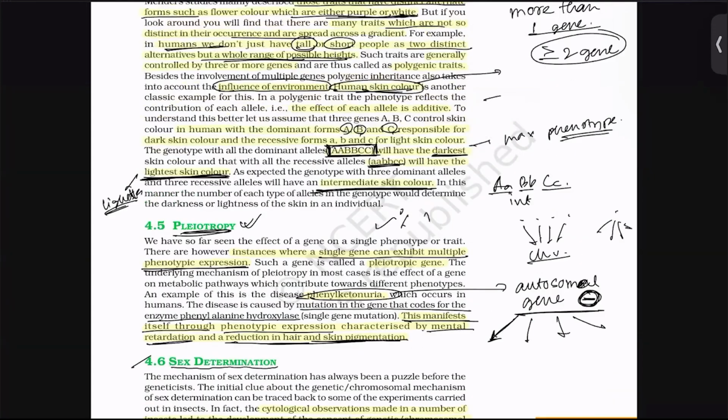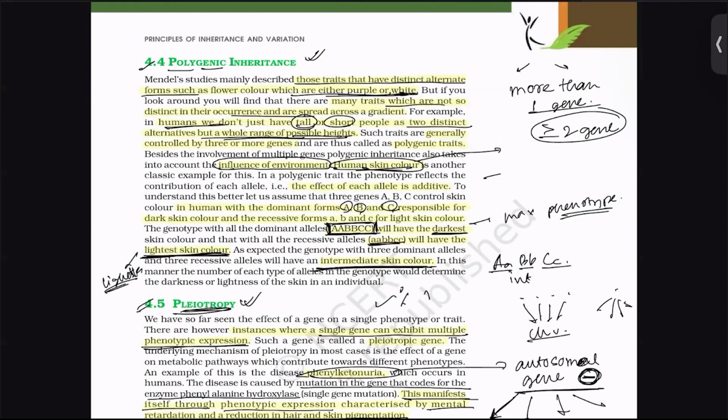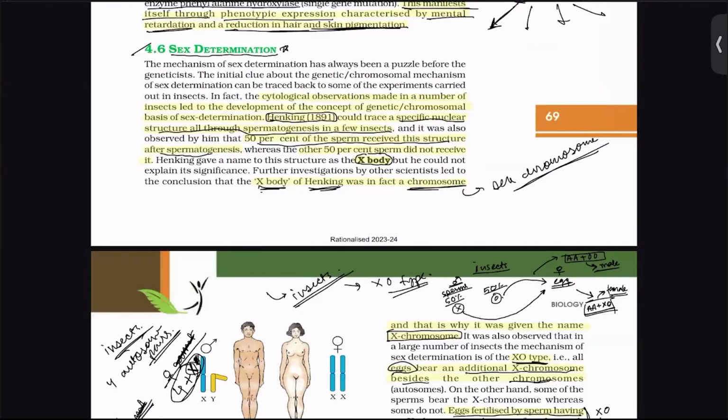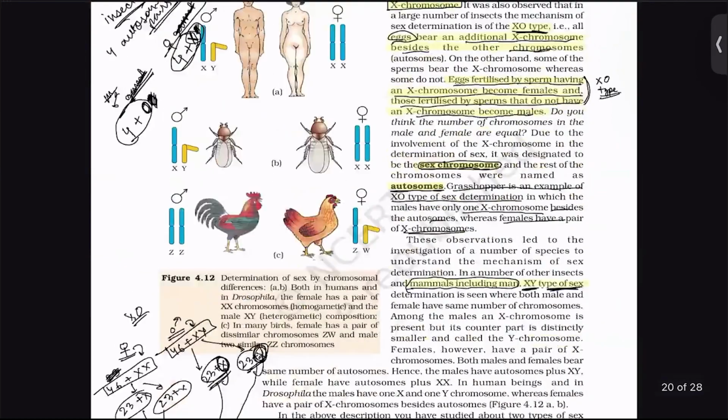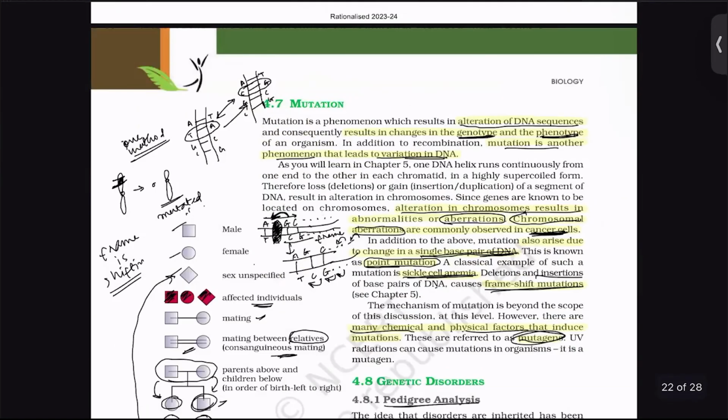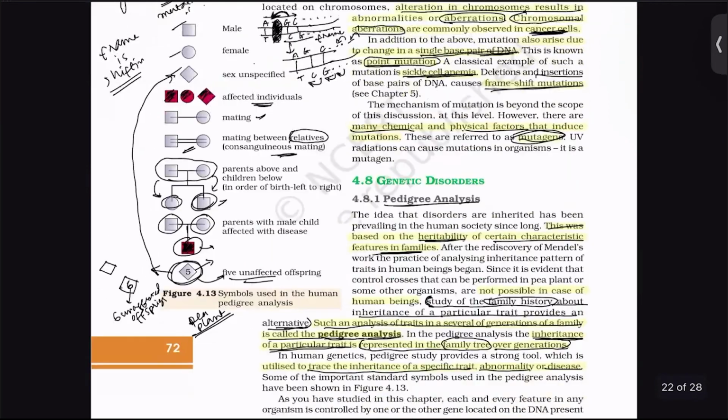So these two were contrasting to each other. And then we learned about sex determination in different insects, humans, and birds, and also in bees, honeybee. And after that, we went to mutation, then genetic disorders.